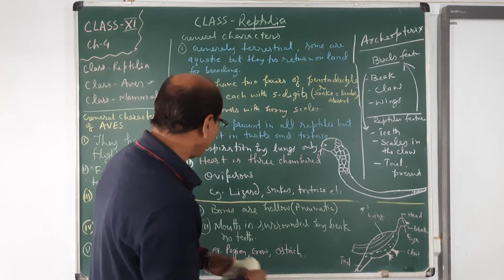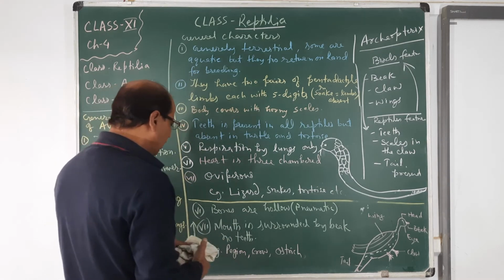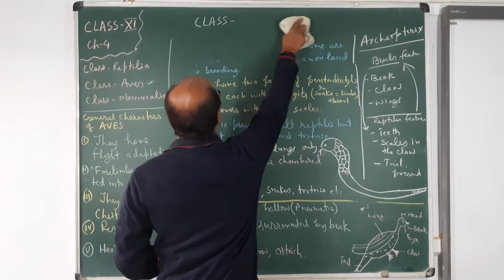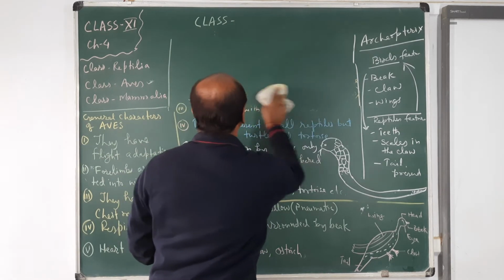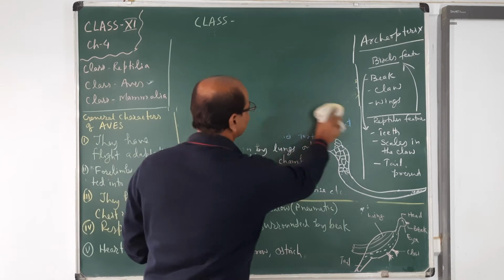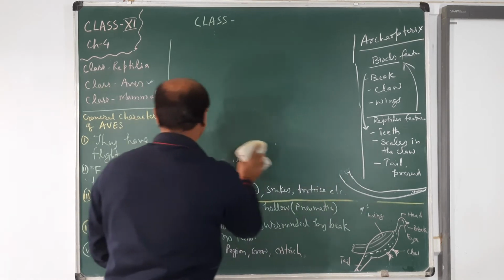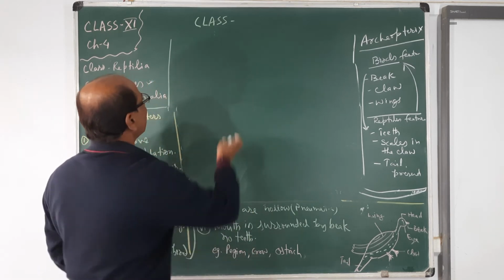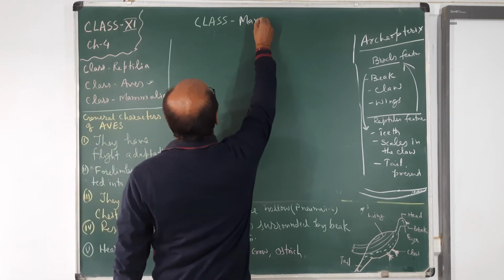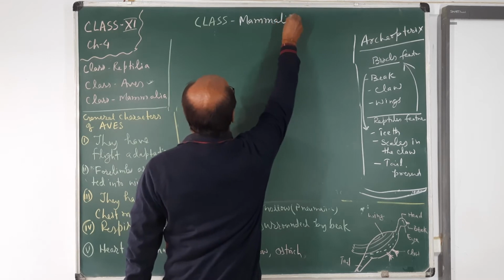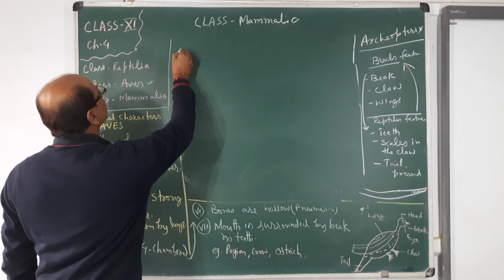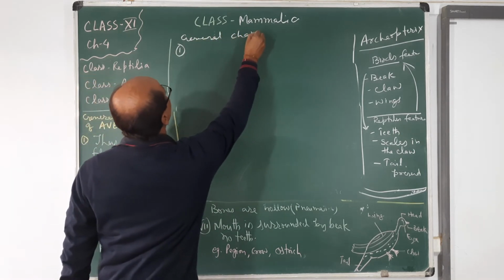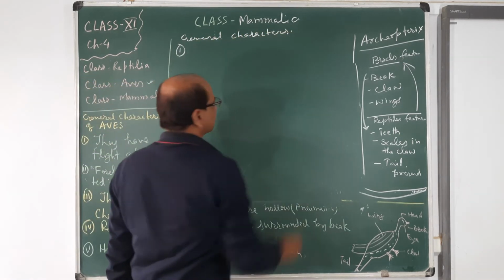Now after that there are the mammals, the last one, class Mammalia. Human beings are an example. So see mammals, class Mammalia, general characters.